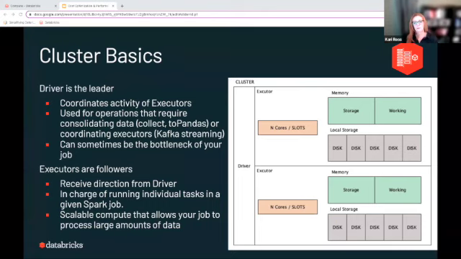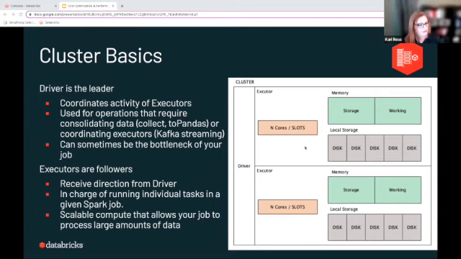The executors are responsible for doing the actual work that the driver assigns to them. Each executor is responsible for two things. It executes the code that is assigned to it by the driver by running these individual tasks, and then reporting back to the driver what happened on the executor.